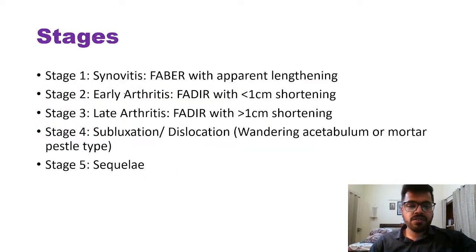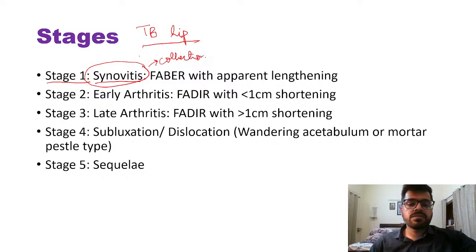Then we have the stages of TB hip. Stage 1 is synovitis, that is inflammation. Whenever there is inflammation and collection inside the joint, the joint will tend to go into the position where it has maximum volume.